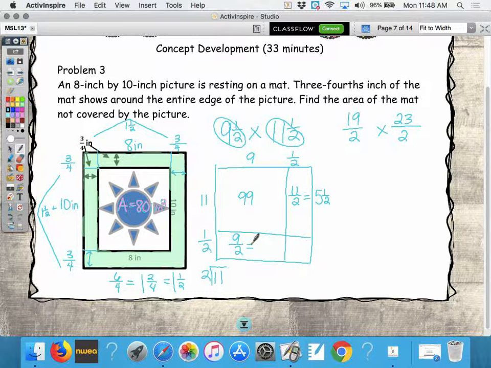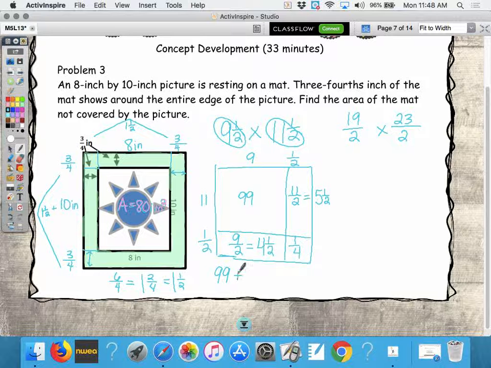Dara, change 9 halves to a mixed number. So you could do 9 divided by 2. Four and a half. Okay, so what am I going to add up? Oh, I need one more. What is a half times a half? 1/4.